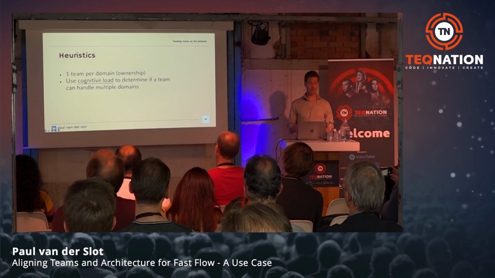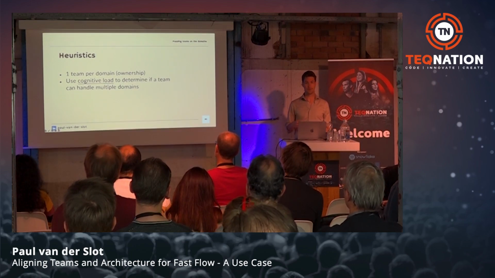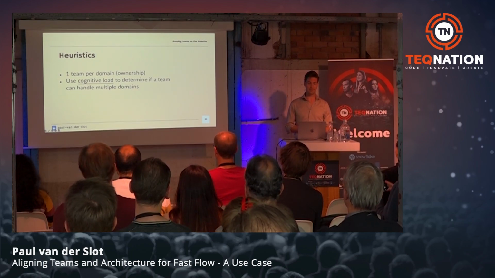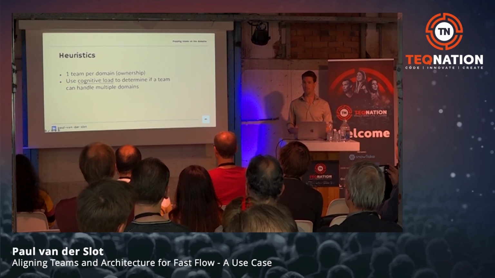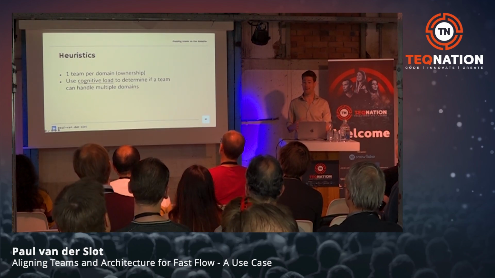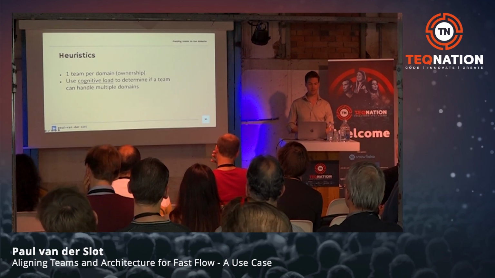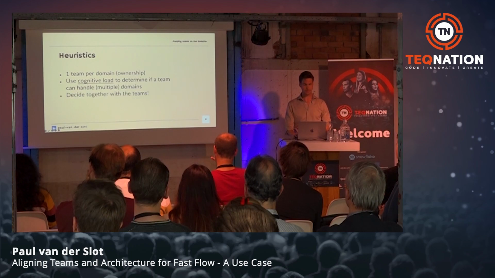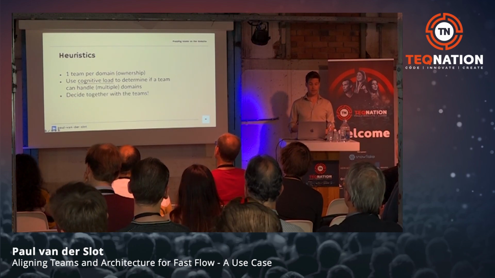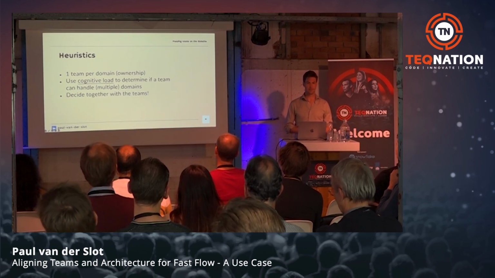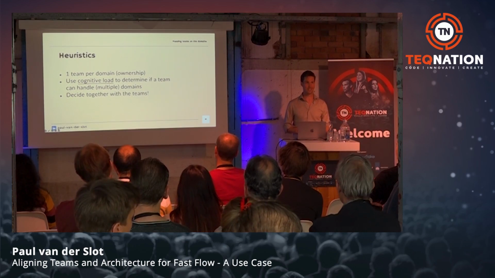Another one is using cognitive load. You can use the cognitive load of a team to determine if a team can handle multiple domains, or maybe even one domain. Is a domain even too big for one team? That's why we split up the intake domain as well. And you want to decide together with the teams. You don't want to force this onto people.